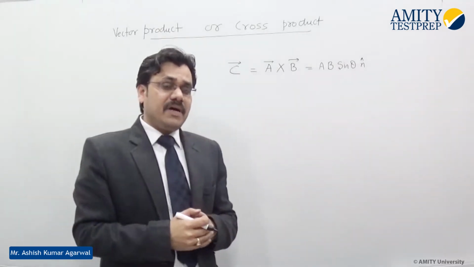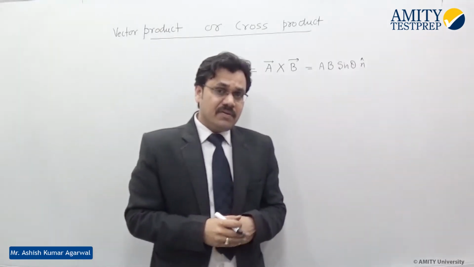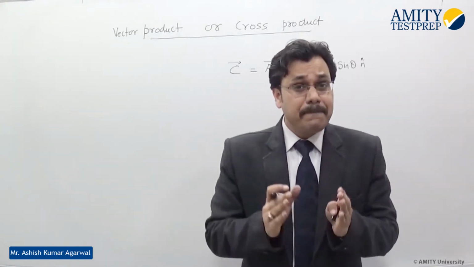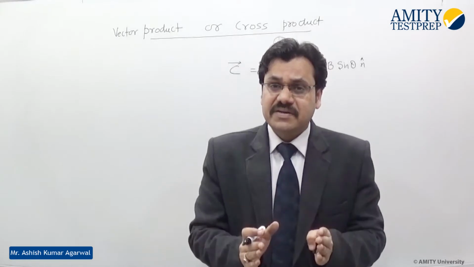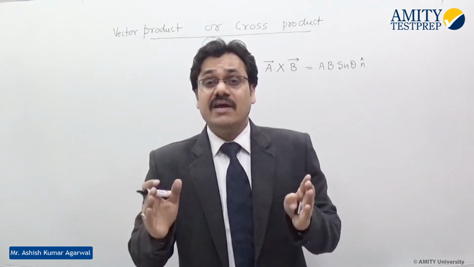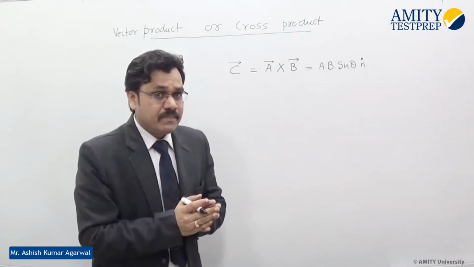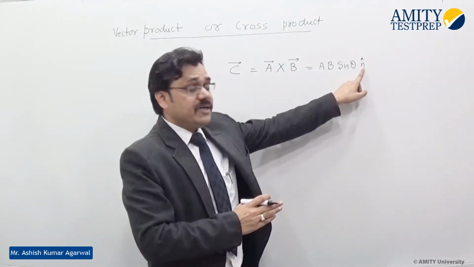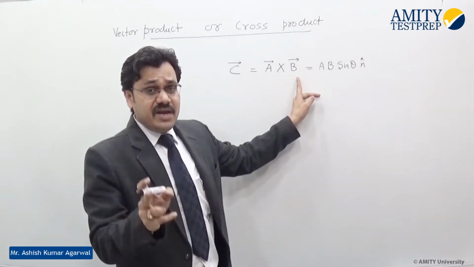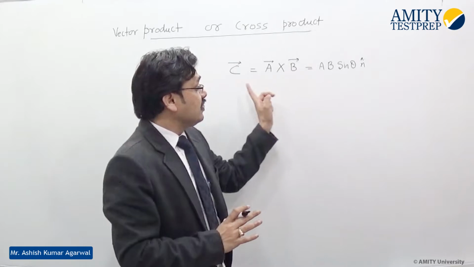Here n cap is a unit vector which is normal to the plane containing the vectors A and B. It means this n cap is perpendicular to the plane containing the vectors A and B.